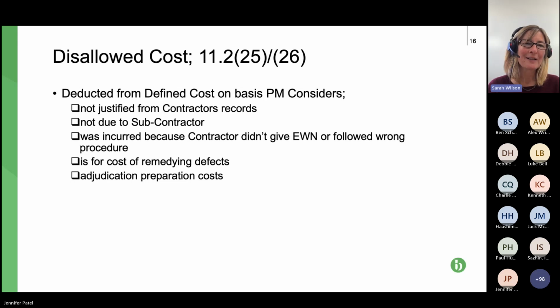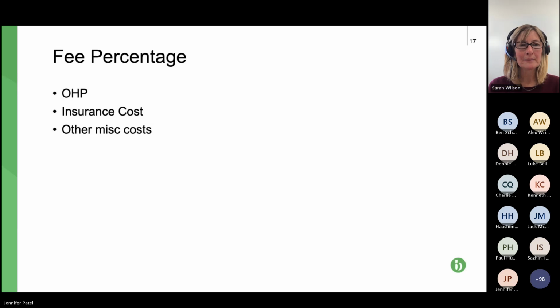So if we can move on to the next slide, please, Jan. Just a quick note on the fee percentage. The fee percentage should include the contractor's or subcontractor's overhead and profit, also insurance costs, and also a few other miscellaneous costs.